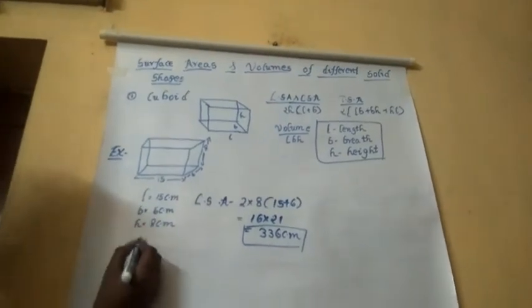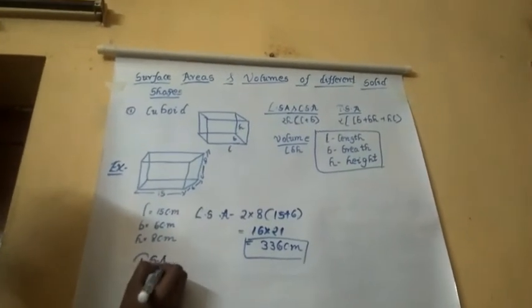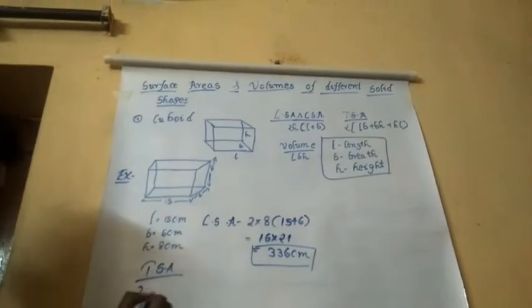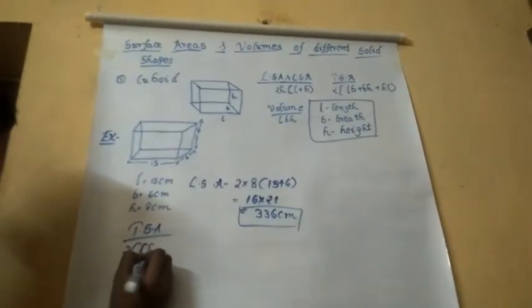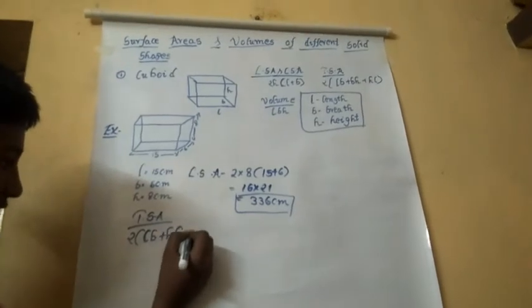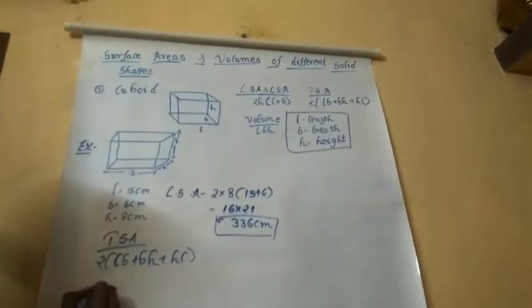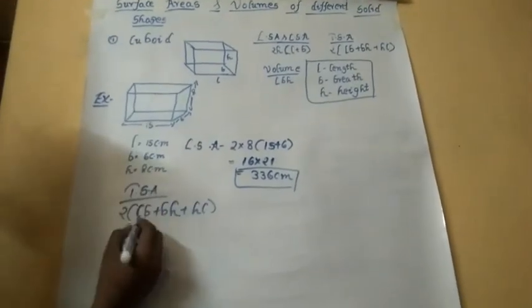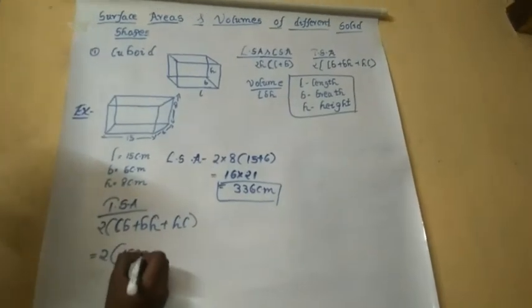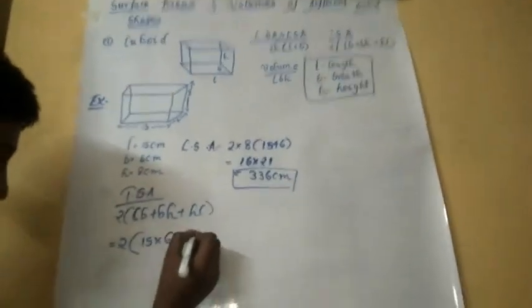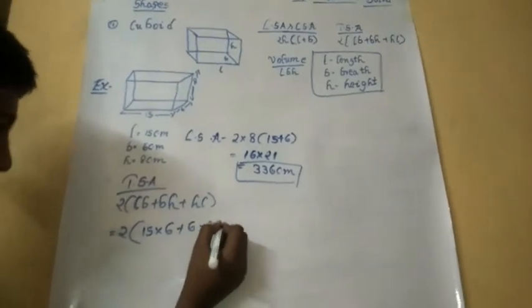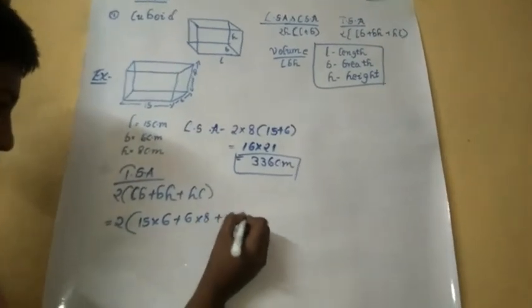So let's do the TSA. The formula is 2 into (LB plus BH plus HL). Let's apply these: 2 into (15 into 6 plus 6 into 8 plus 8 into 15).